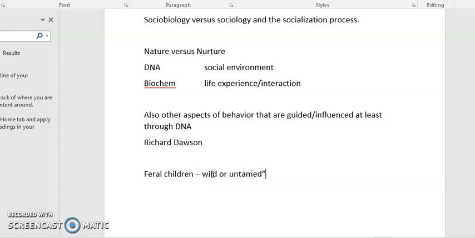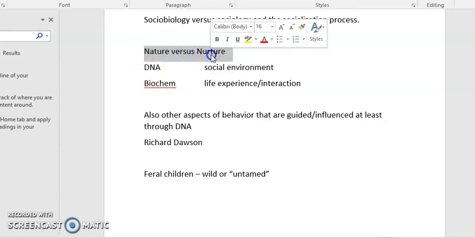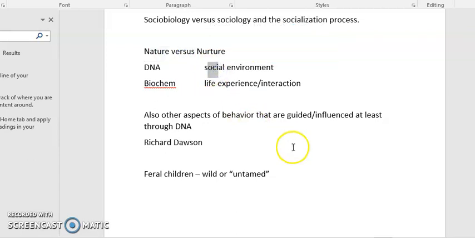If you want to think of untamed as not having gone through a socialization process in the ways we have described in class, then feral children are a very unfortunate example that we can look at to help us understand the relationship between nature and nurture in our social behavior overall. Okay. So for instance, what do I mean by feral child, or why is this a good example?